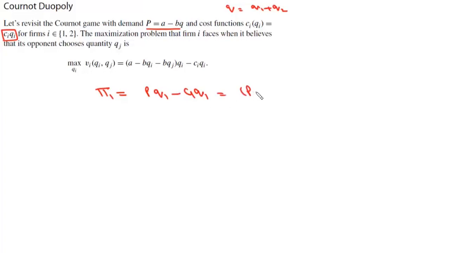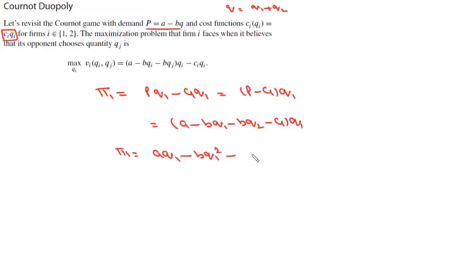So it will be P minus C1 into Q1, and this P is A minus B Q1 minus B Q2.